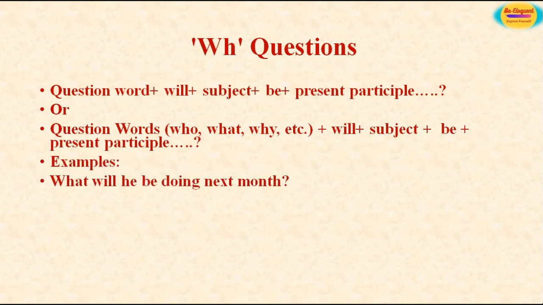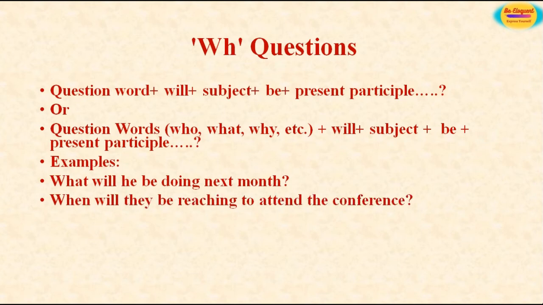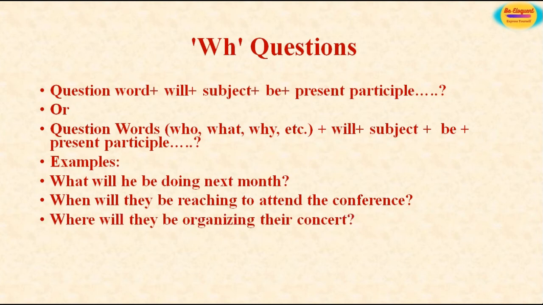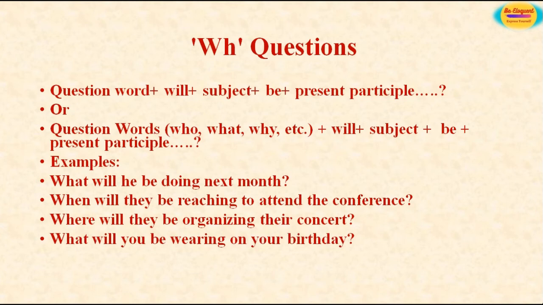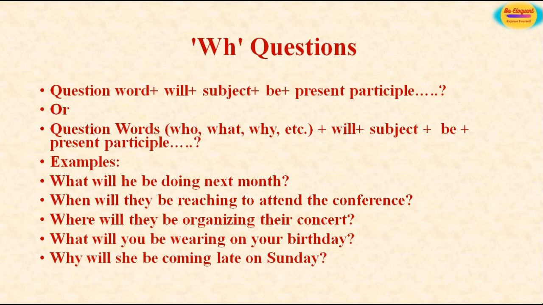Examples: What will he be doing next month? When will they be reaching to attend the conference? Where will they be organizing their concert? What will you be wearing on your birthday? Why will she be coming late on Sunday?